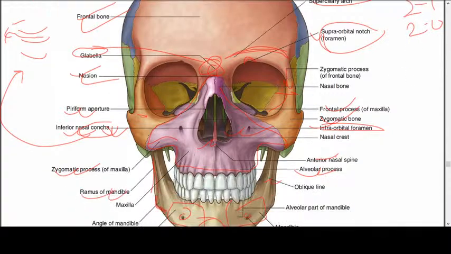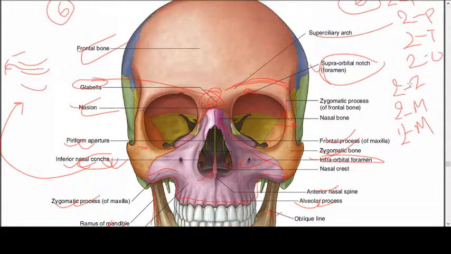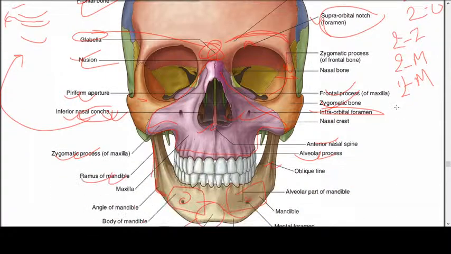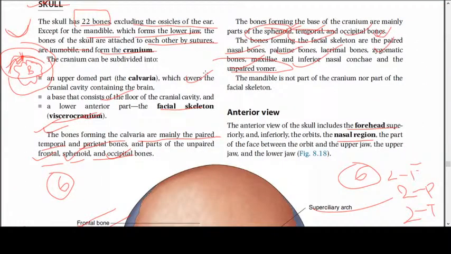Now let's consider 2 zygomatic bones, 2 maxillary bones, 2 mandible bones. That makes 20. Now we are missing 2 bones. What is it? Yes, 2 vomer bones. So there are altogether 22 bones.